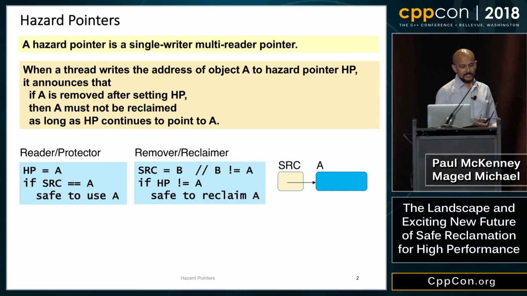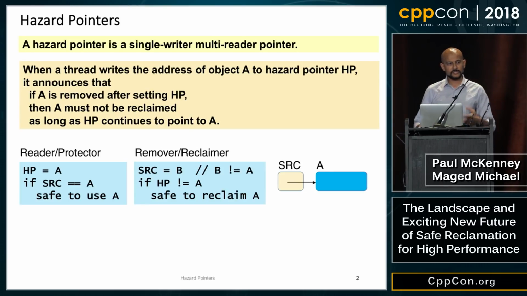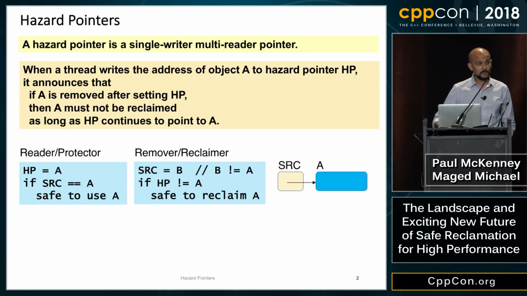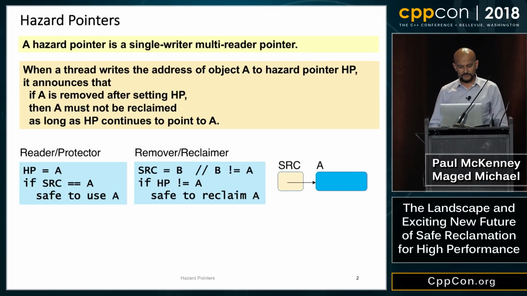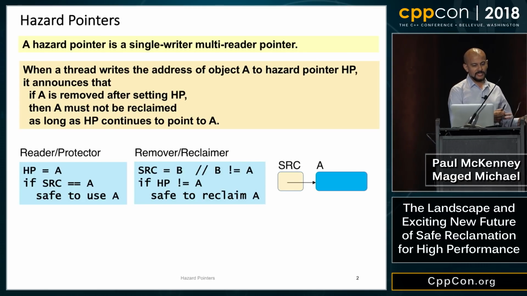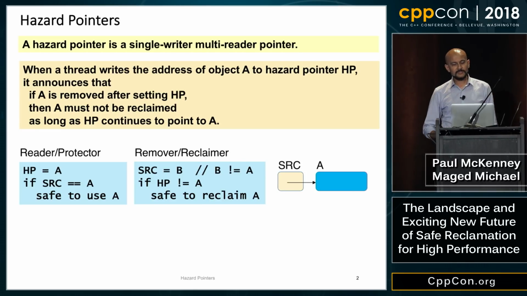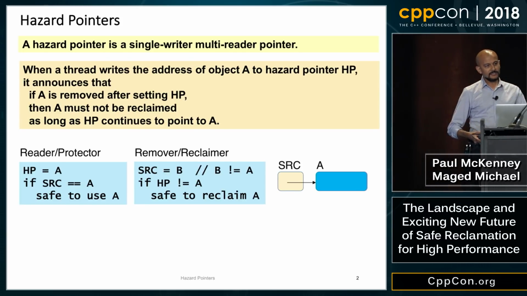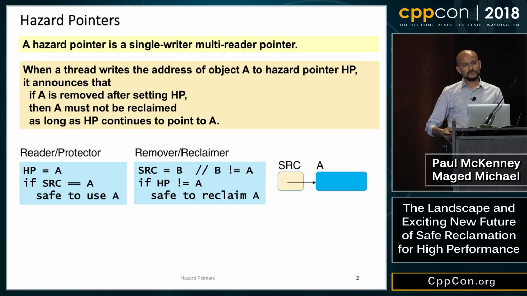I have an example here of a source pointer pointing to an object, similar to the example we use in the proposal papers for the committee. From the protector side, which is like the reader, they set the hazard pointer to the address of the object that they want to protect, and then they check that the source is still pointing to it, that it's not removed.